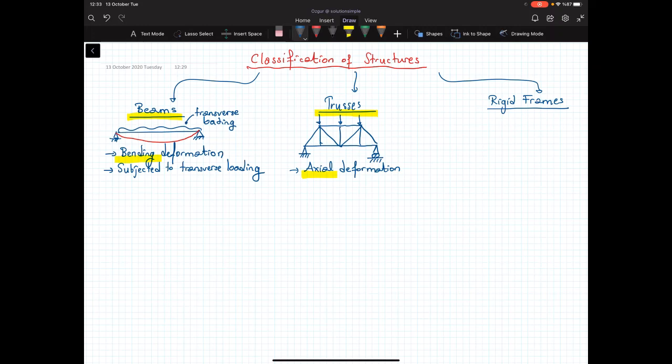Now, when we have a frame structure, on the other hand, let's draw a simple frame. Let's put some loading here. It's actually a combination of beam and truss in terms of deformation. So it undergoes both bending and axial deformation.